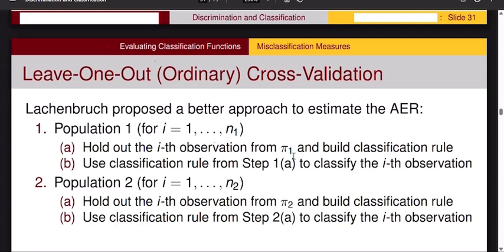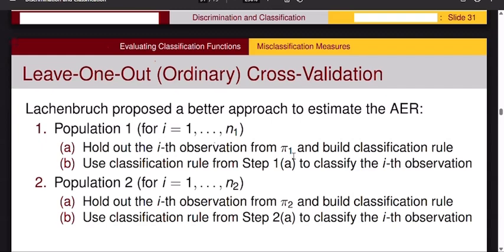You build your model on the ones that you include, except one. After you've built your classification rule, you use it to classify the one that you left out. Don't forget, you already know it belongs to group one. You intentionally leave it out.